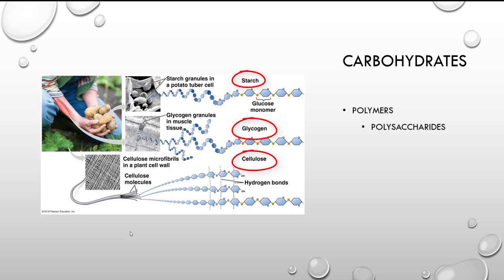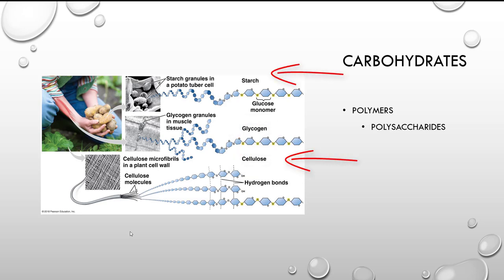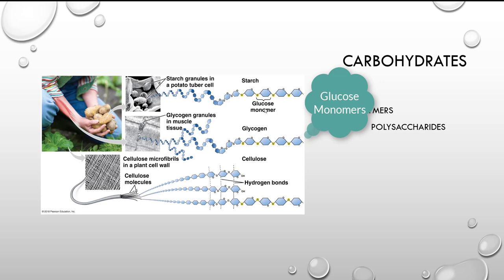Now cellulose and starch are found in plants. Okay, so plants, they have these two polysaccharides. Animals, we have glycogen. And if you take a look at the structure, all 3 of them are made of the same monomers. They're all made of glucose. It's just the arrangement of the glucose.